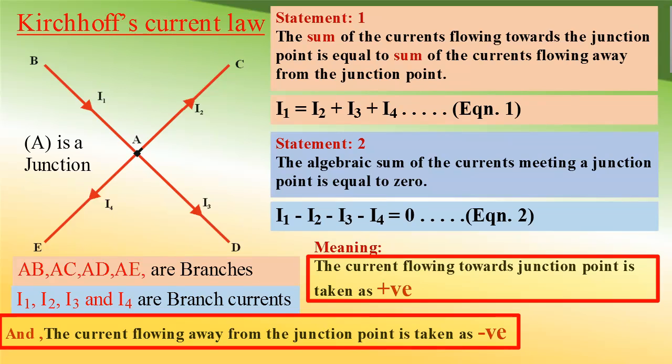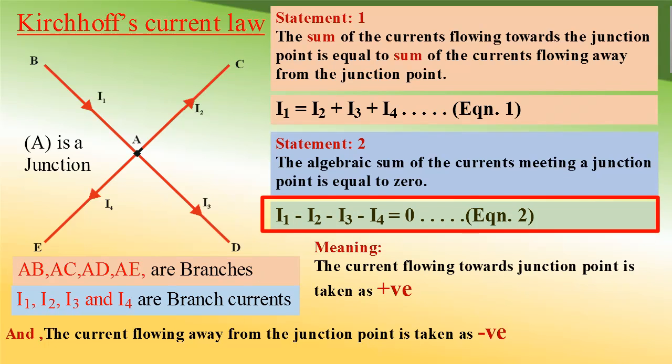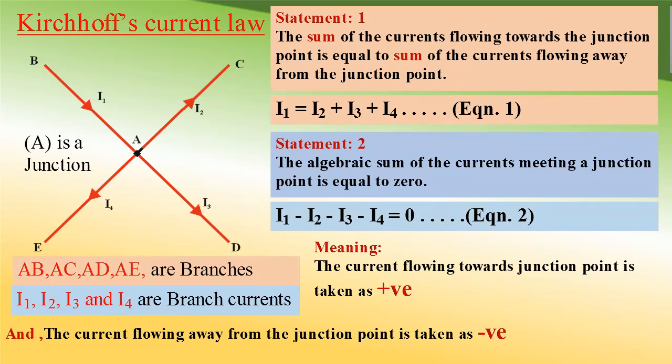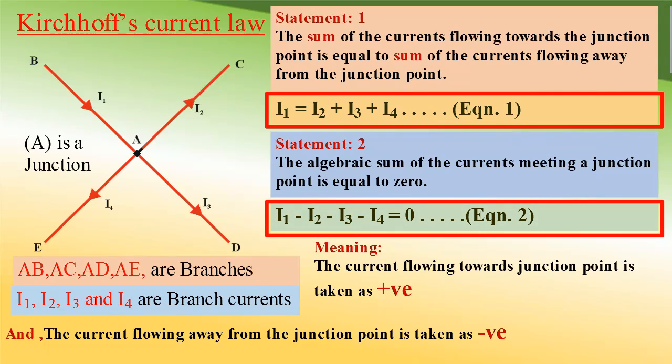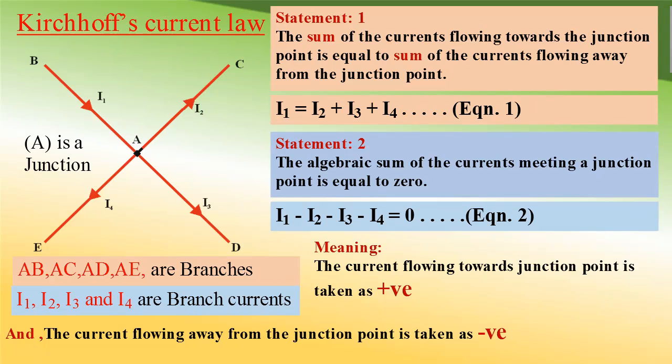According to this assignment, the algebraic sum of the currents meeting at a junction point yields equation 2, which says I1 minus I2 minus I3 minus I4 is equal to 0. You must note that equation 1, according to simple algebra, can be obtained by transferring I2, I3 and I4 to the left side of the equal sign, and you get equation 2. And that is very simple.